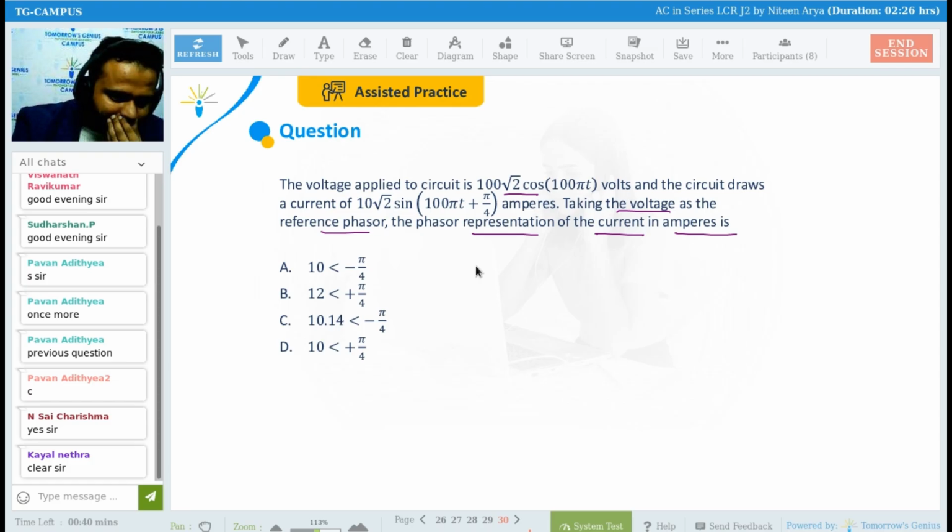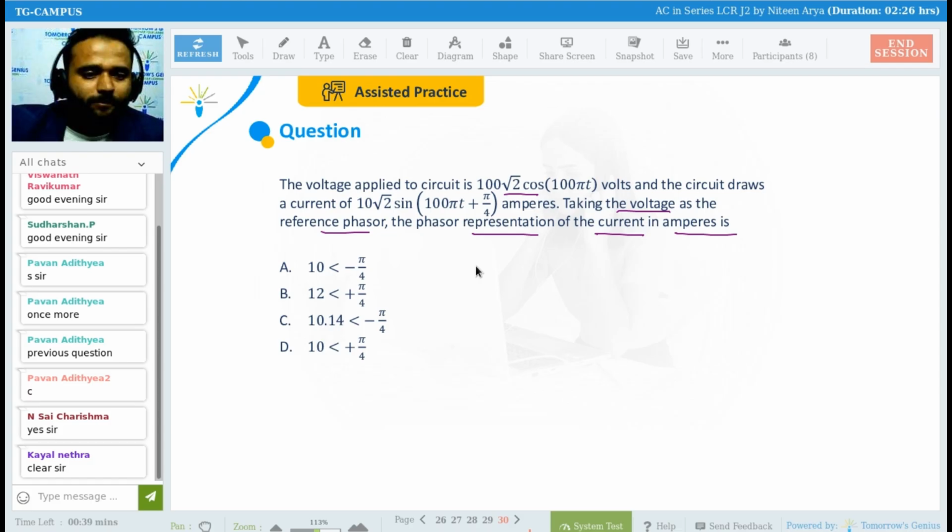So V is given, I is given. When V is given and I is given, draw the phasor diagram. Try this one first of all and tell me which one is the correct answer. You need to find the phasor angle and then represent it also. Obviously you cannot show me the representation, but at least you can give me the correct answer.